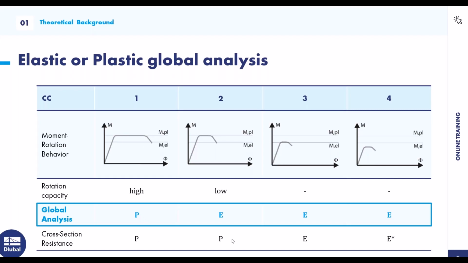But we said we would like to consider an elastic cross-section resistance. And the elastic cross-section resistance you can apply for all cross-section classes. That's what we did in the second step.